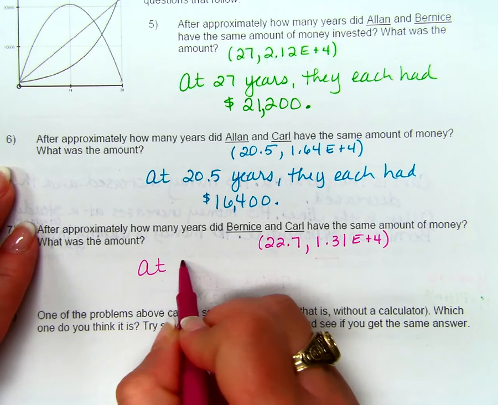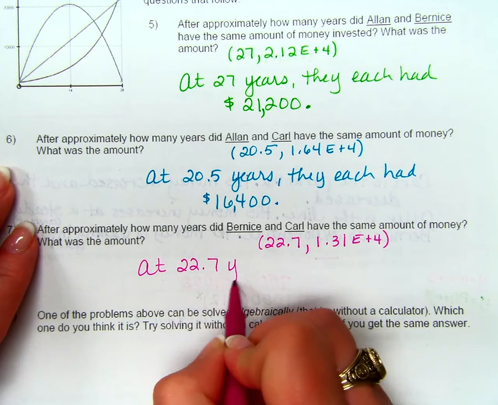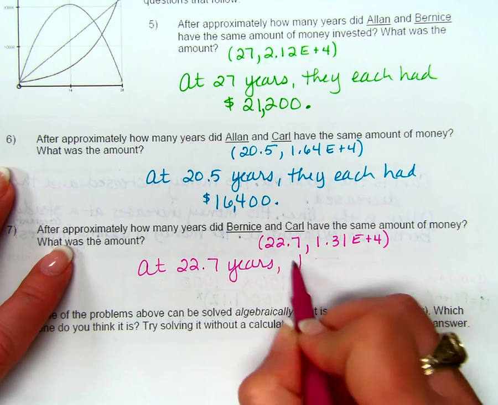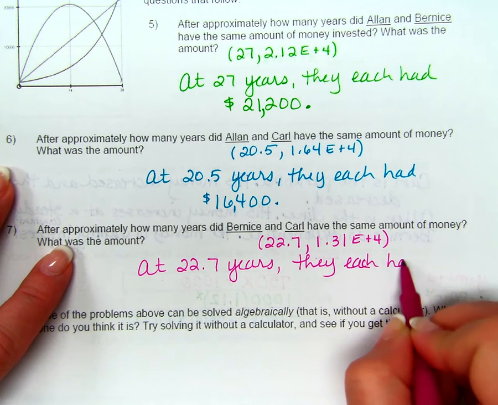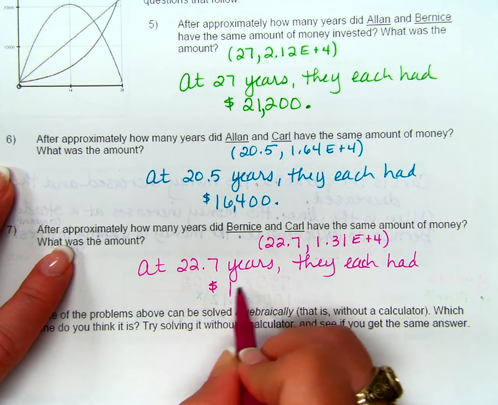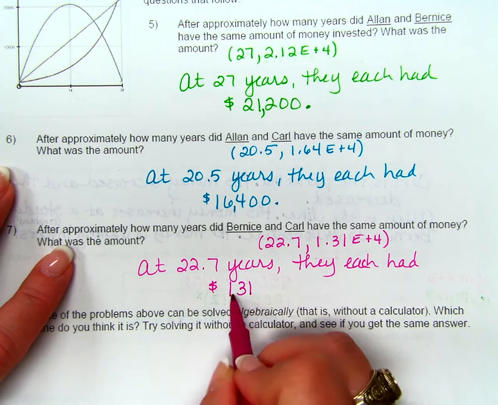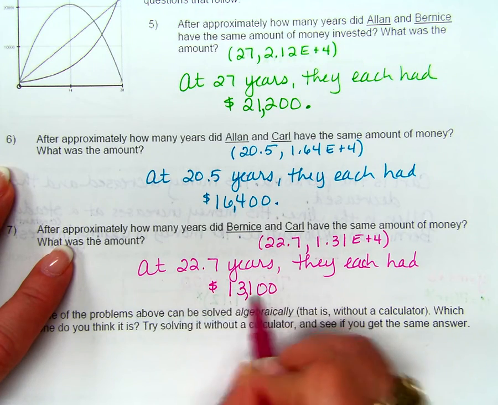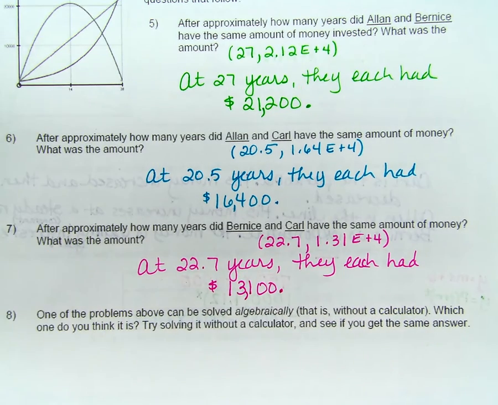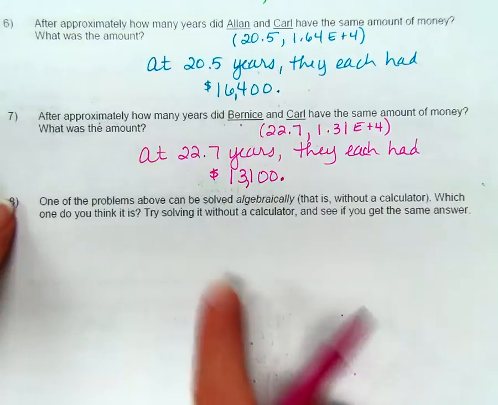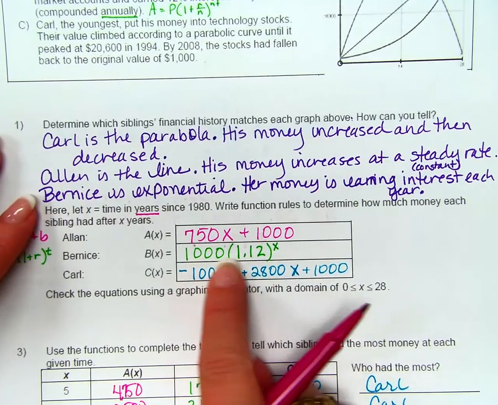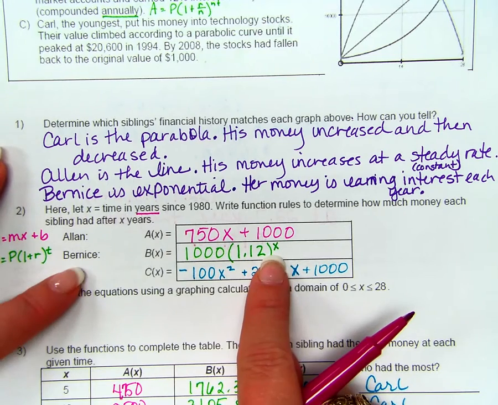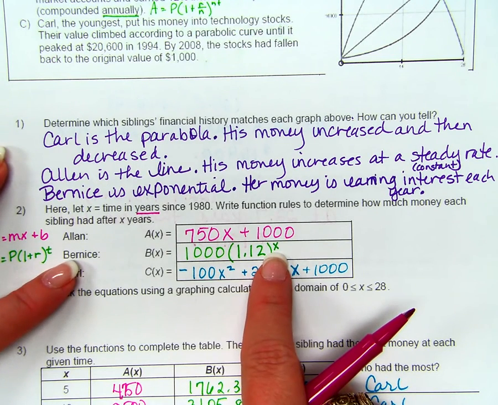So at 22.7 years, they each had 131 times 10 to the fourth. So 1, 2, 3, 4. So $13,100. Now, you're going to have to be careful which ones you solve algebraically, because this one, Bernice's equation, has my variable in my exponent.